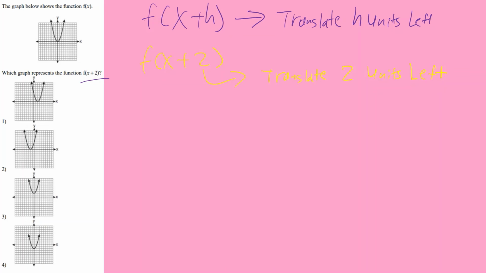So let's do this on the graph. I'm picking a point at the origin, which is at 0, 0. If we translate 2 units left, should be somewhere around here, which is -2, 0. And on a graph that has origin at -2, 0 is graph number 2. That is why our answer choice is answer choice 2.